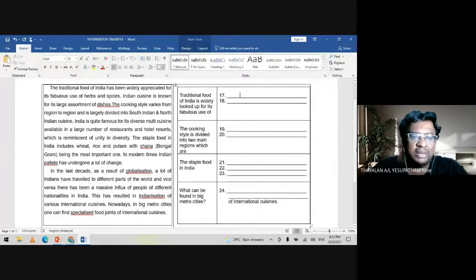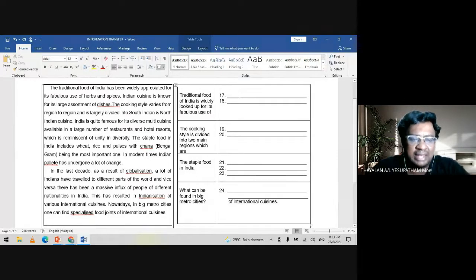India is quite famous for its diverse multi-cuisine available in a large number of restaurants and hotel resorts, which is reminiscent of unity in diversity. The staple food in India includes wheat, rice, and pulses with chana, Bengal gram, being the most important one. In modern times, the Indian palate has undergone a lot of change.